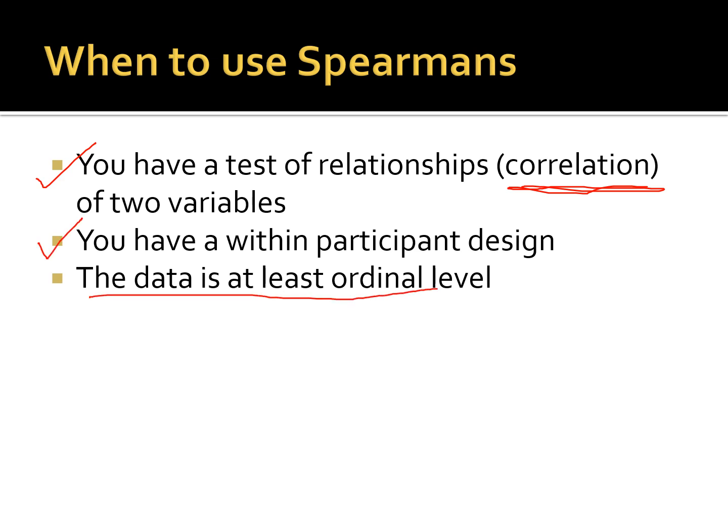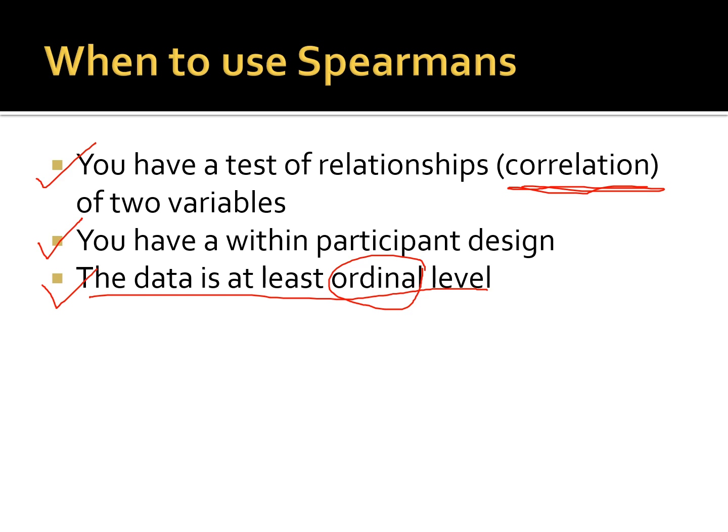And the data is at least ordinal level. It's called a Spearman's rank test. You have to rank order the data, so the data is ordinal. That's your third tick to make sure that you use a Spearman's test and not any others.